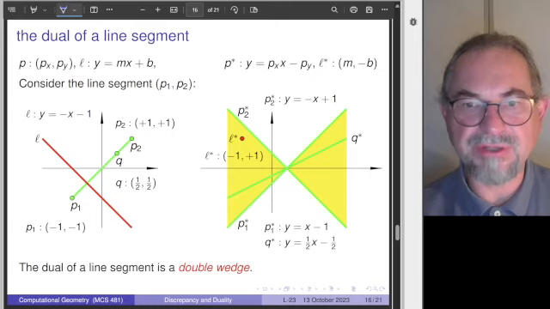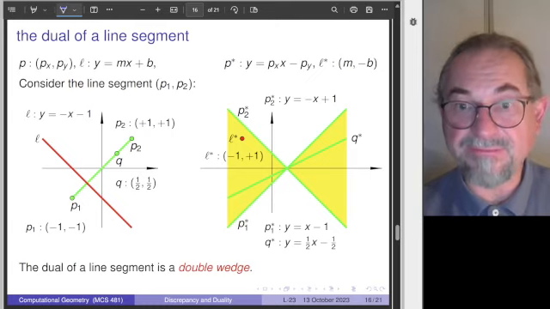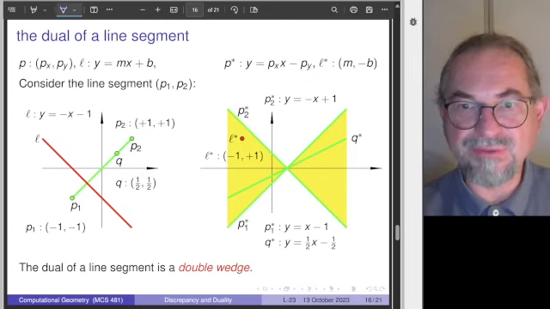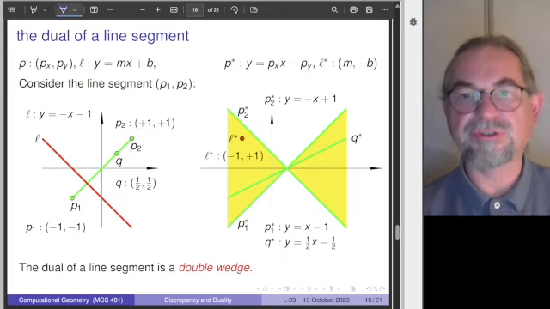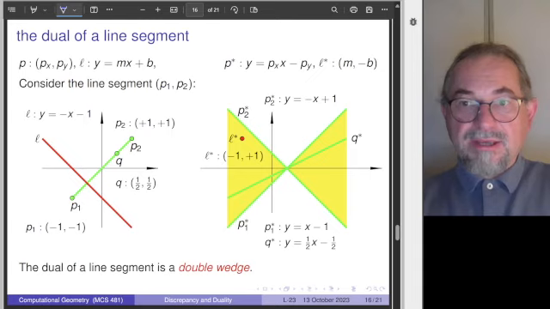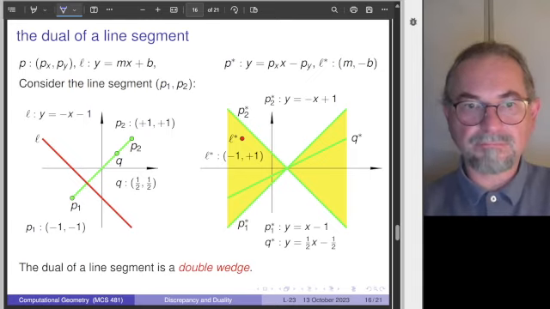But actually it's wrong to look at the single point. So the point 0, 0 here becomes the y-axis. This is when the Q star is entirely flat.